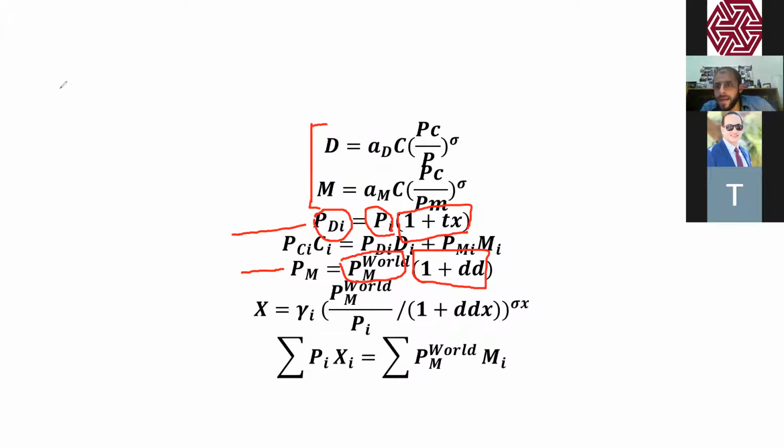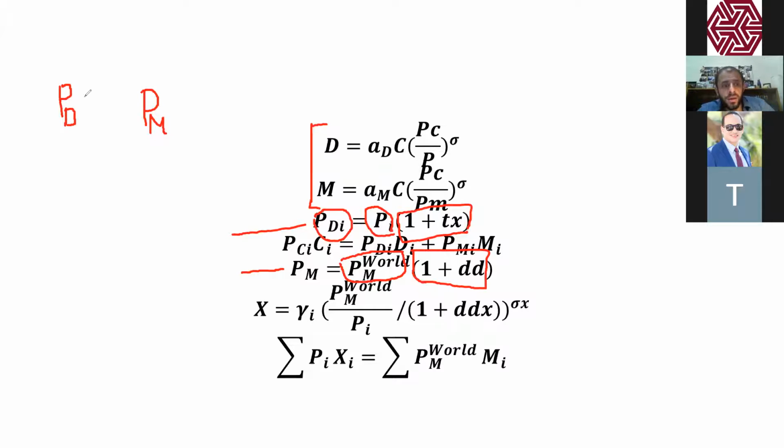So this means that at the end of the day, we have two different prices. We have the domestic price that includes taxes, and we have the price of imports that includes tariffs. As a consumer, my basket of goods includes two sets of goods, either imported goods or domestic goods.